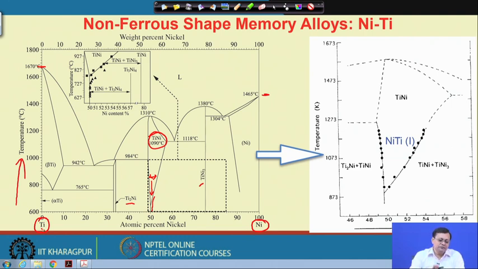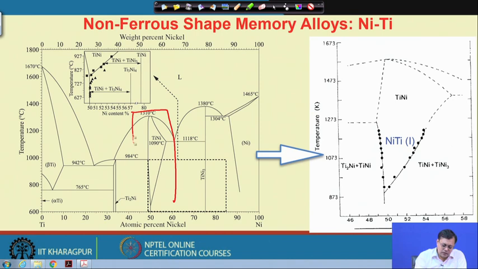The competing phases here are titanium 3 nickel 4 and titanium 2 nickel.